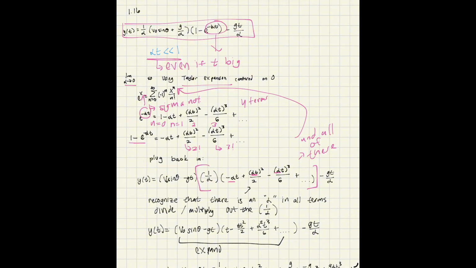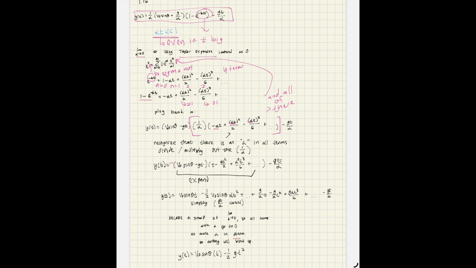Now the key that is harder to see is that we're going to expand this v naught sine theta minus gt times the revised Taylor expansion. We get a humongous equation, but the only thing that really matters is that we get a gt over alpha, and that will cancel this minus gt over alpha we have here.